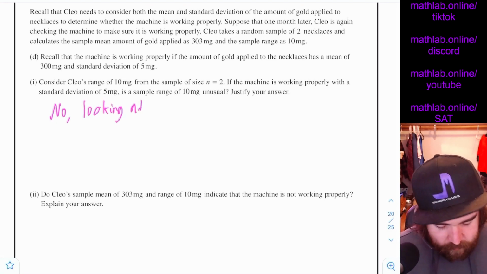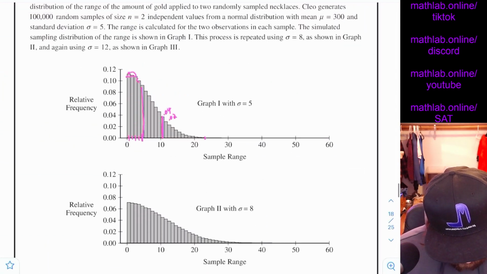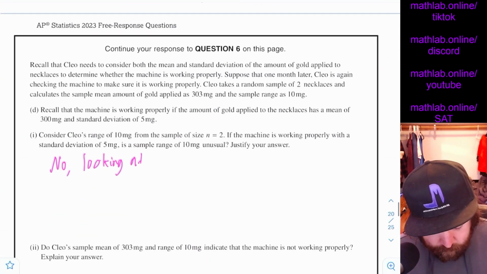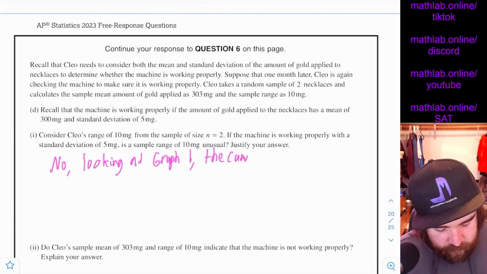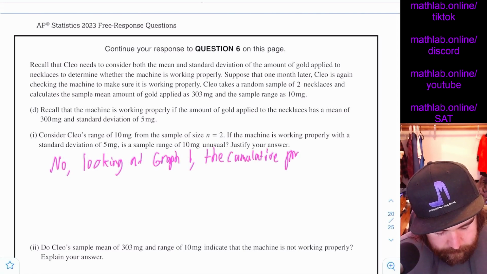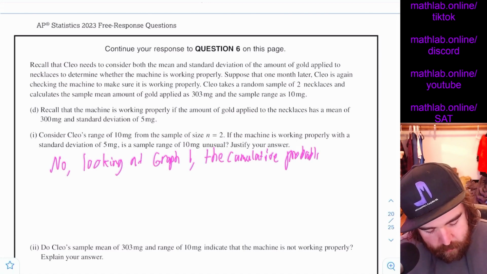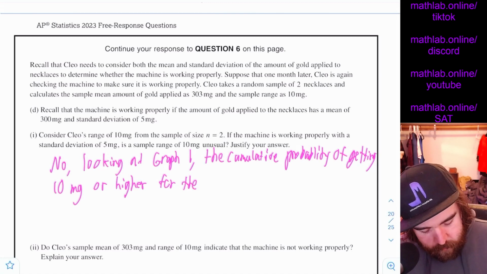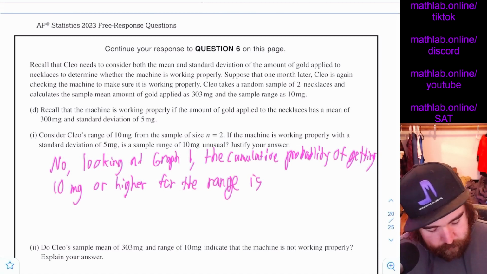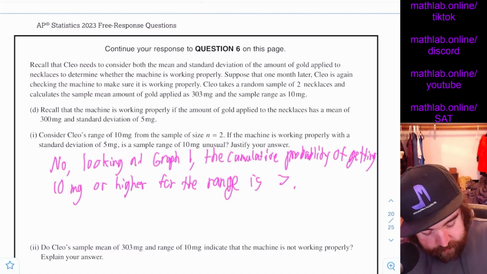Look at, did they label these? Yeah, graph 1. Look at graph 1. The cumulative probability of getting 10 milligrams or higher for the range is greater than 0.05.